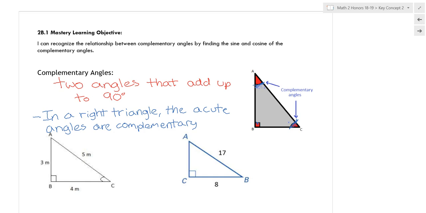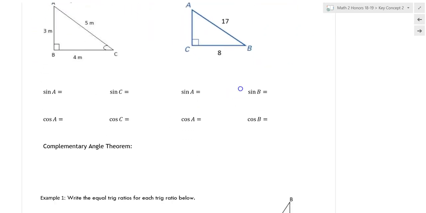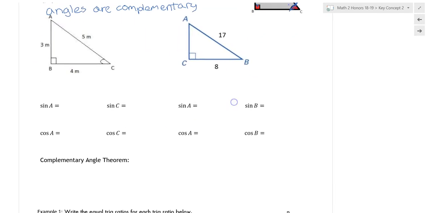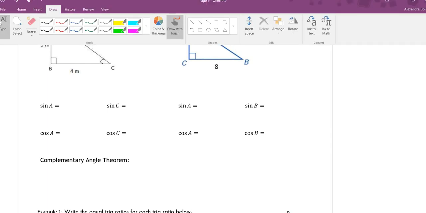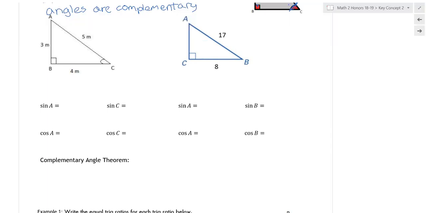Why do we care? Good question. Let's look at an example where we're looking at both of the angles. So here in triangle ABC, we're going to start by finding the sine of A and the cosine of A. Here's my angle A. If I label my sides, I have my hypotenuse, my opposite side, and my adjacent side.